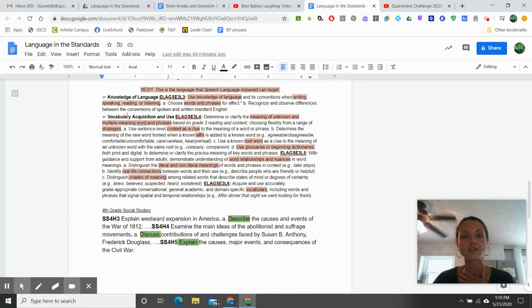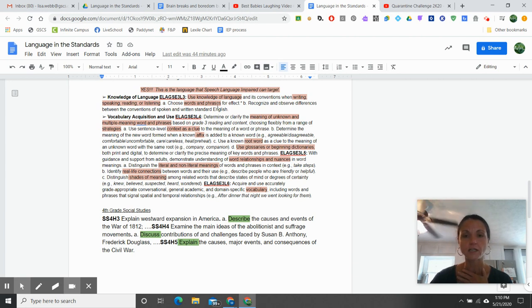But now, this one, the knowledge of language, the vocabulary acquisition and use, yes. Almost anything you could pull out of here is what we do in speech and language. When kids are having difficulty with these issues, that often can mean that they have a speech and language issue and something that we might need to address as well.